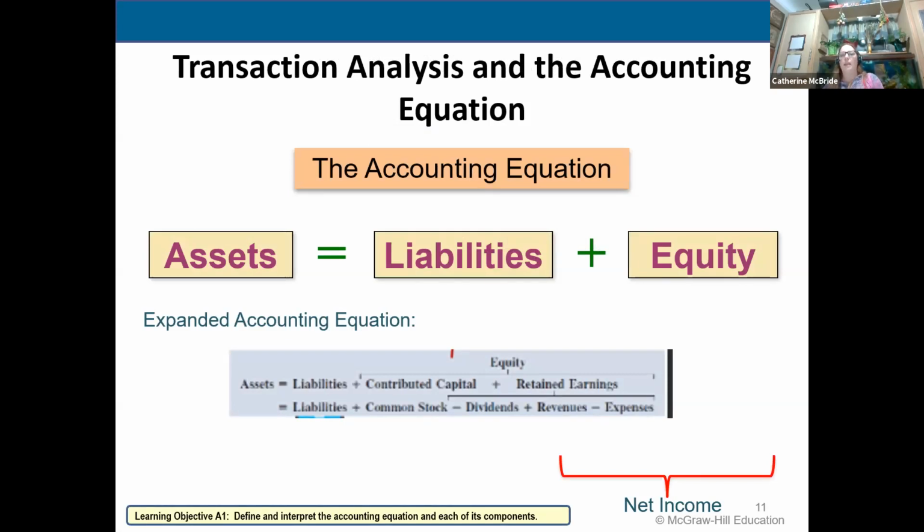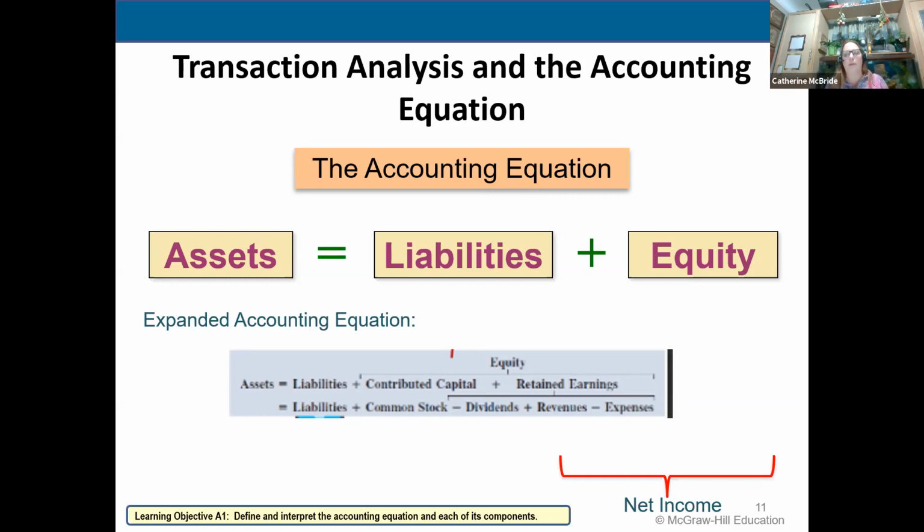And the thing about the accounting equation is it always balances. It's a rule that absolutely never changes. It always balances. So the basic accounting equation is assets equal liabilities plus equity. And assets are things that a company owns that provide a future benefit, like furniture, fixtures, buildings, equipment.